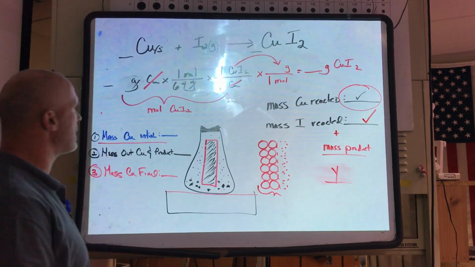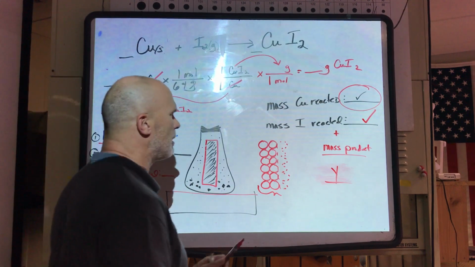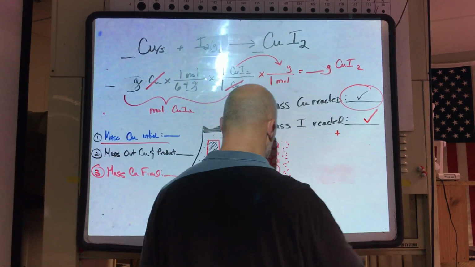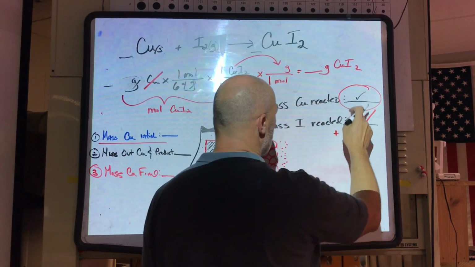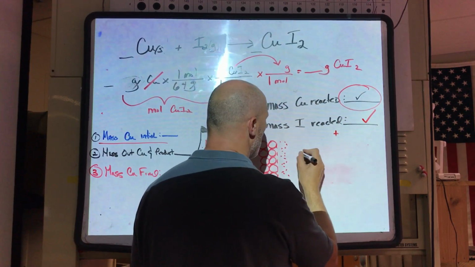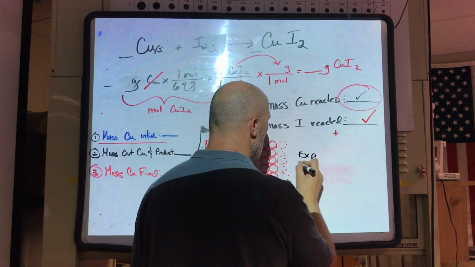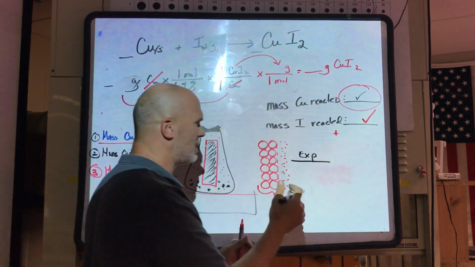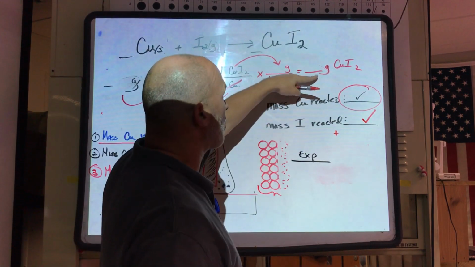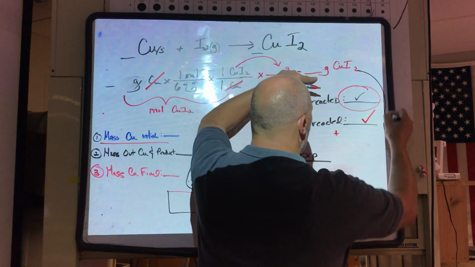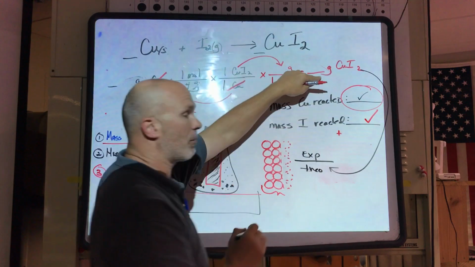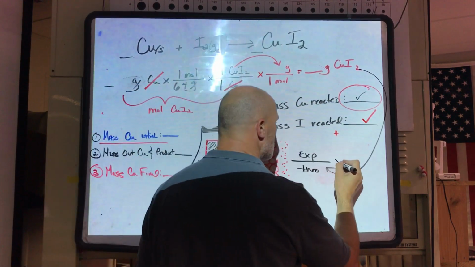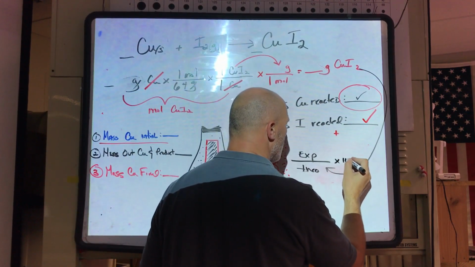And what is percent yield? Percent yield is very simple. Okay, percent yield is take your experimental yield, which we're going to add these together. So we take our experimental product. We're going to divide, not going to minus here, we're going to divide by the grams that we get theoretically here, your theoretical amount that we get from pencil and paper, and then we're going to times by 100.